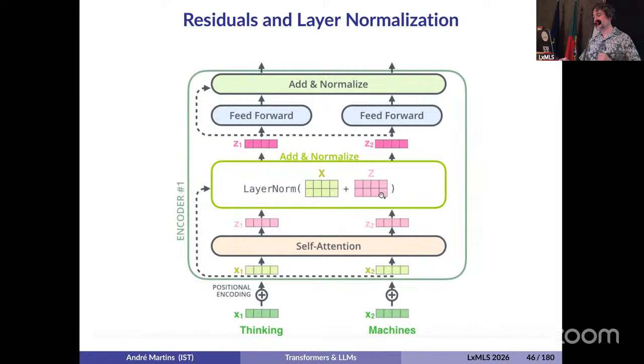But in fact, what's done is we sum Z with X. There is going to be a skip connection here that takes the original word embeddings, skips the self-attention layer, and sums to Z. Then we sum the two things and apply another operation called layer normalization that I'm going to describe in a bit.